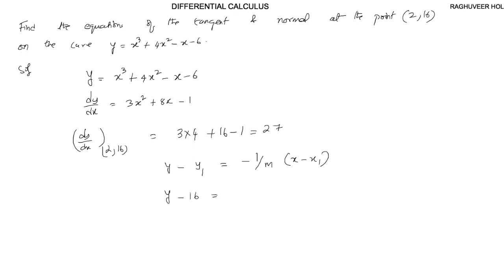So y minus 16 is equal to m, which we just found is 27, multiplied by x minus 2.